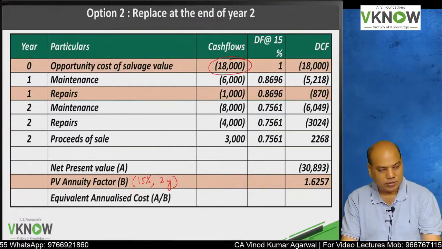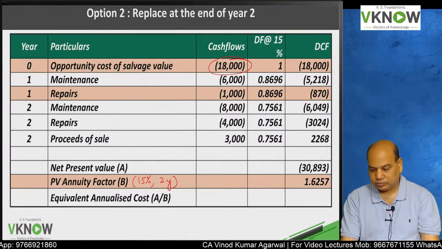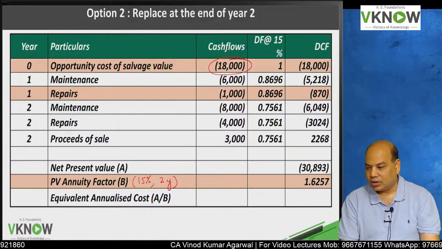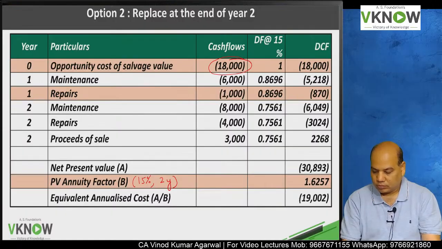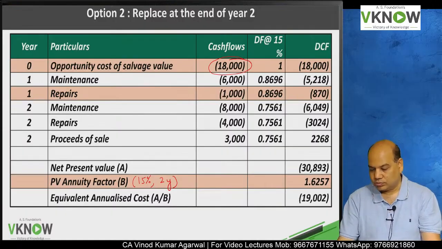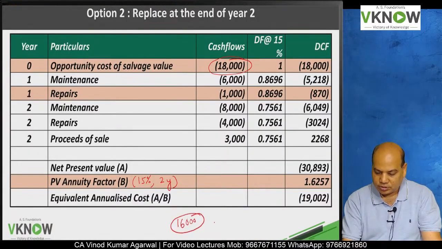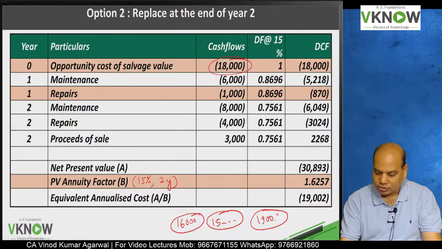Equivalent annualized cost is A upon B. 19,002. So I have 3 numbers to compare. 16,000, previous was 15,000 something, and now it is 19,002.